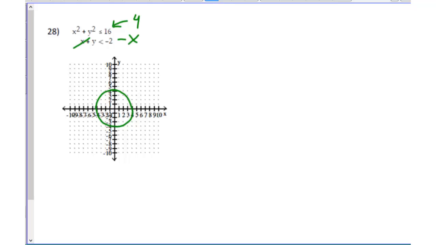Y is less than -2 minus x, so we go down here to -2 and have a slope of -1, and that is a dotted or dashed line because not equal to. So it's inside the circle and it's less than the line we drew, which means that we would shade the bottom left half-ish of our circle.